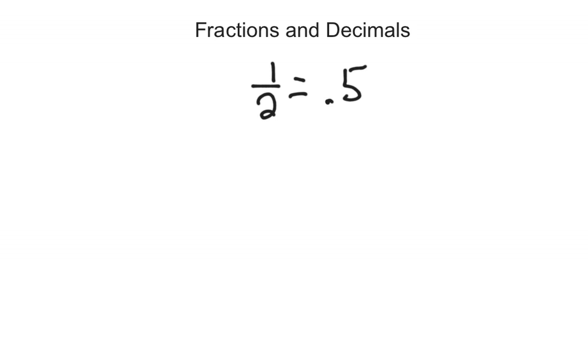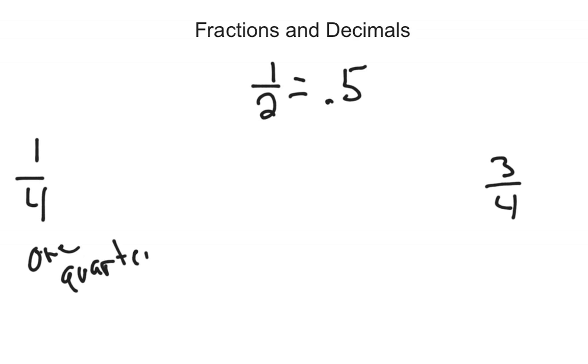And these are our quarters. So we have 1/4, which I'm going to write over here, and I'll show you why in just a second. 1/4 and 3/4. Quarters are also our fourths. And think about how much a quarter is.